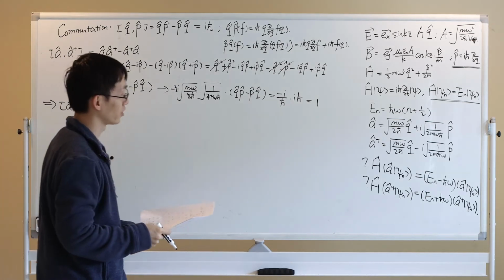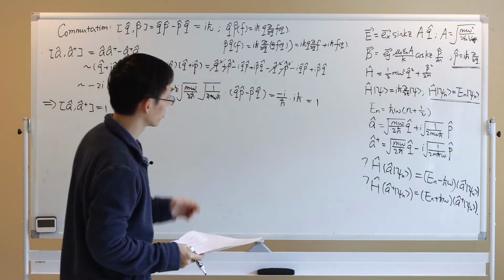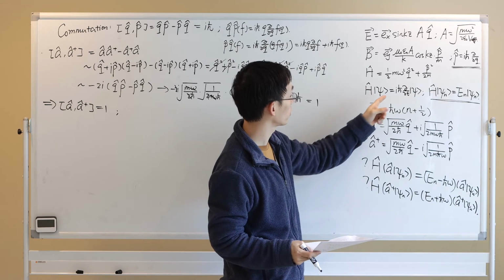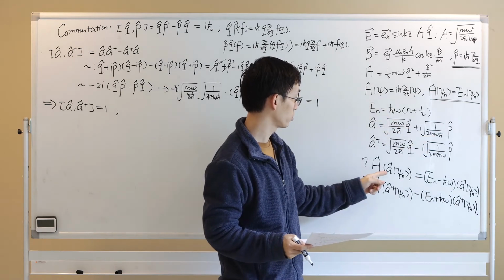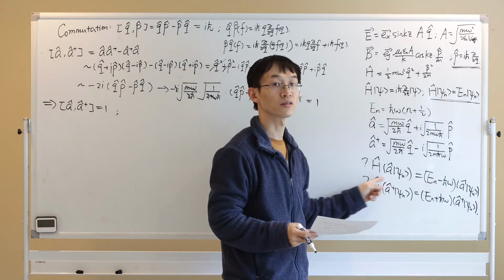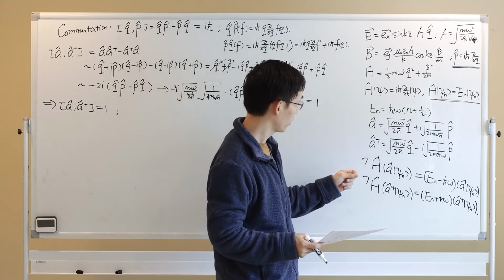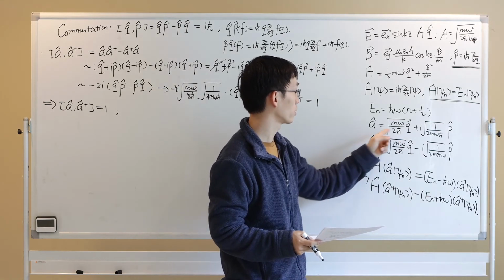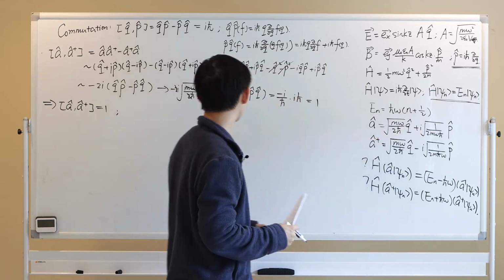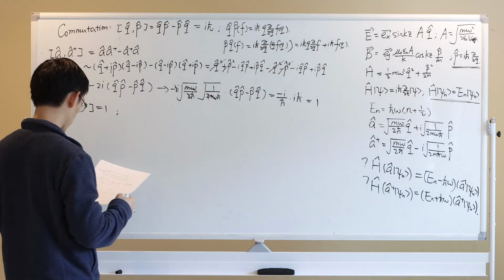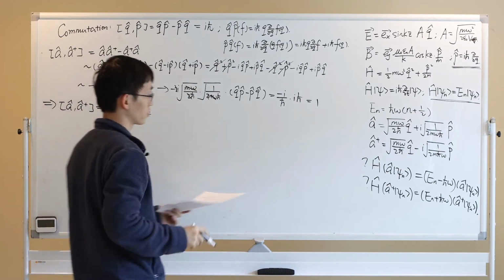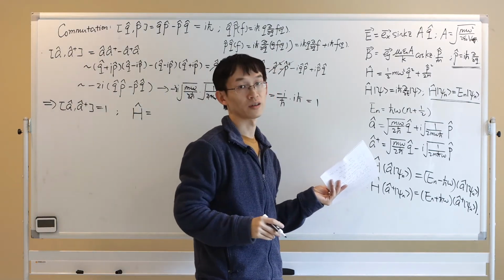Now what do we do? The way to do this is, instead of using Q and P, you want to use A and A dagger for all these calculations, and to do that you have to convert H into A and A dagger. If H is written in A and A dagger, then the entire equation is about A and A dagger.